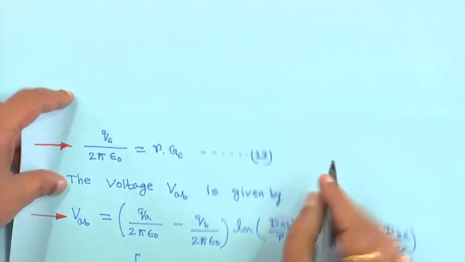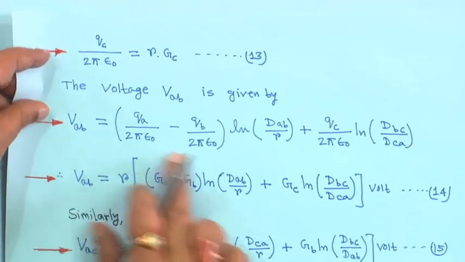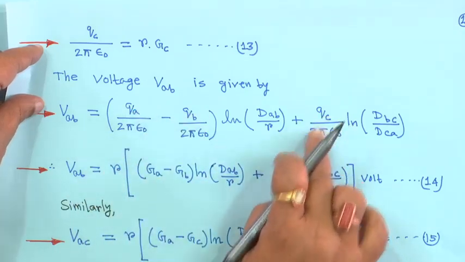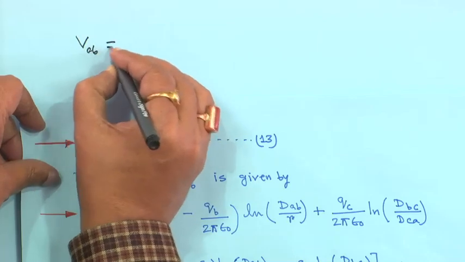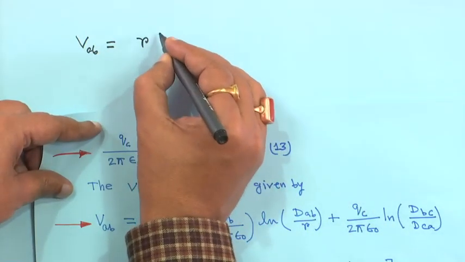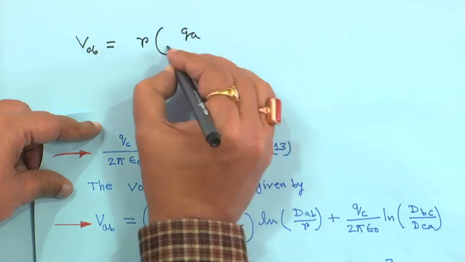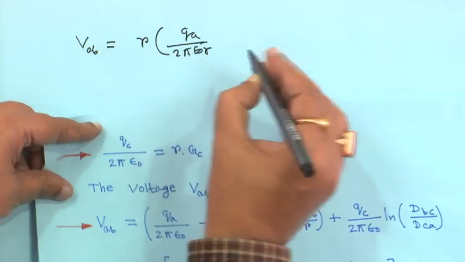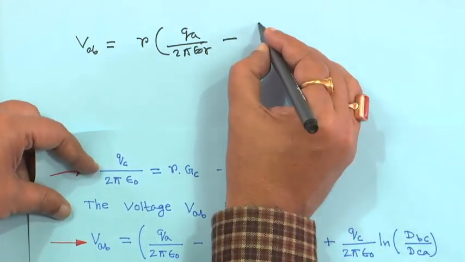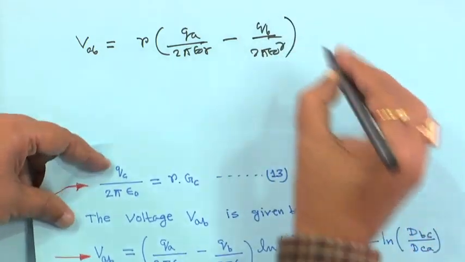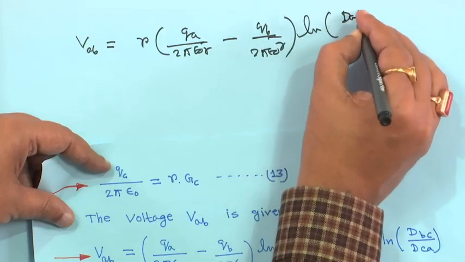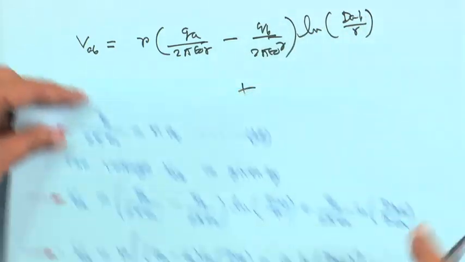Okay, we'll come back. Now, the question is how these things are coming into this. The first equation is VAB. In the numerator and denominator you multiply by R. Then VAB is equal to QA upon 2 pi epsilon 0 R minus QB divided by 2 pi epsilon 0 R, then ln DAB upon R, plus this term.